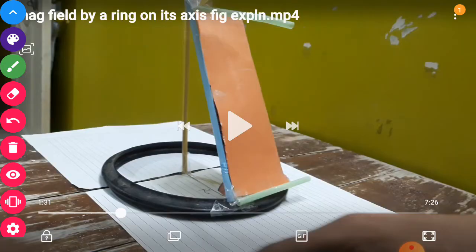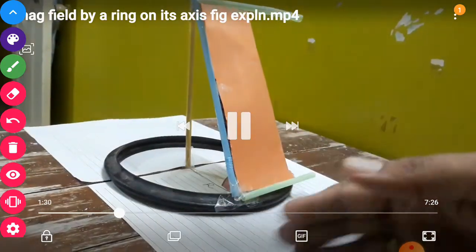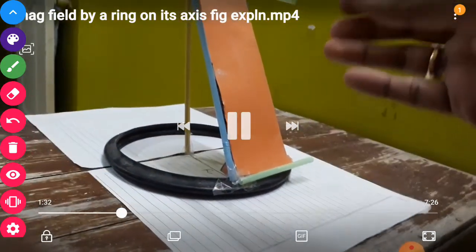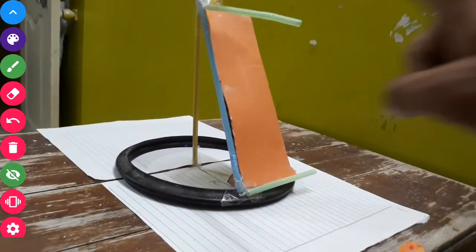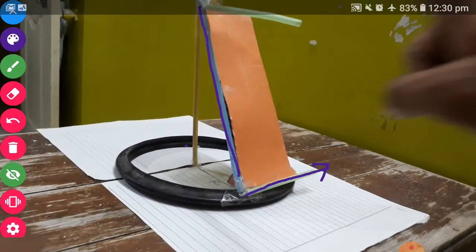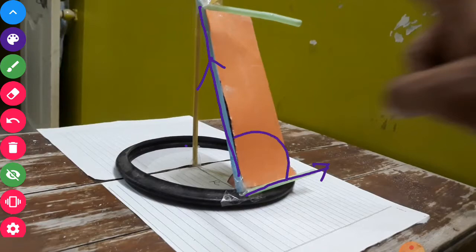It is rotated anti-clockwise, because the vector dl is rotated in the direction of this vector which is r. You can see that it is rotated. Now you can also see that dl and r are perpendicular to each other, so the angle between dl and r is 90 degrees, which is also visible from this model.